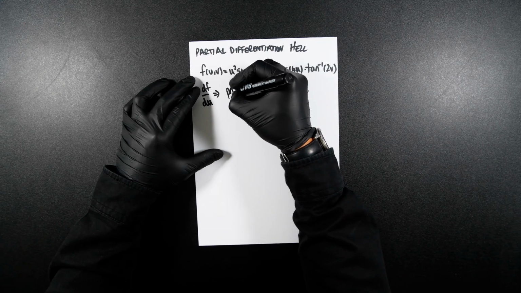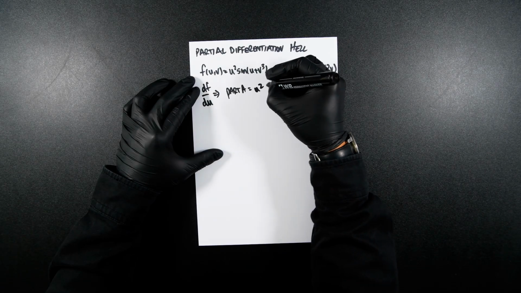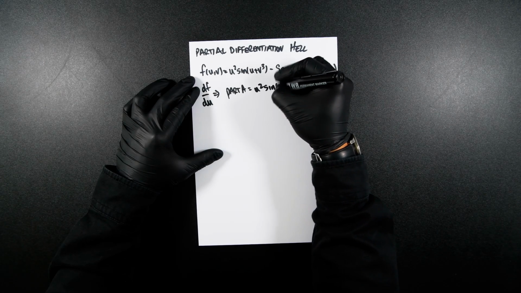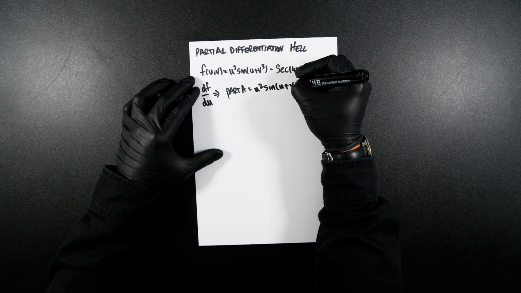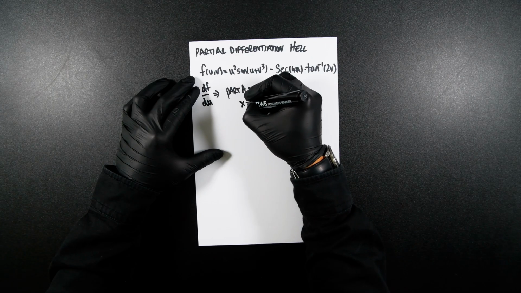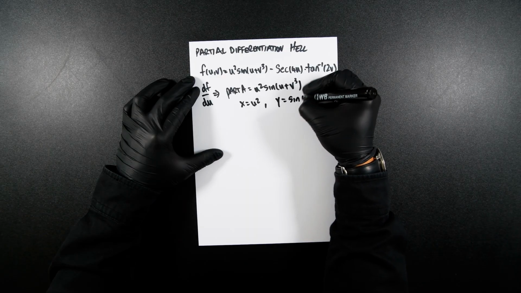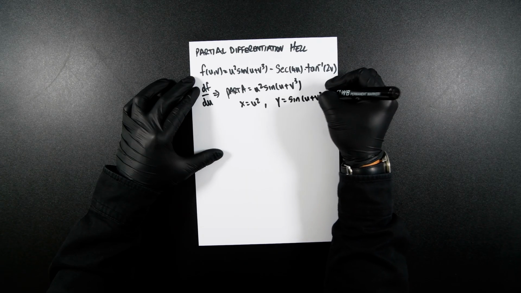So we have part A, so we have to break it up into u squared sine(u plus v cubed). So that means we're going to use the product rule. Let's make x equal u squared, y equal sine(u plus v cubed).